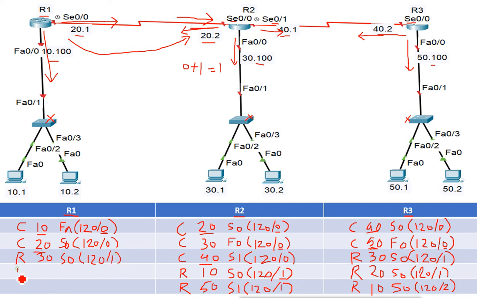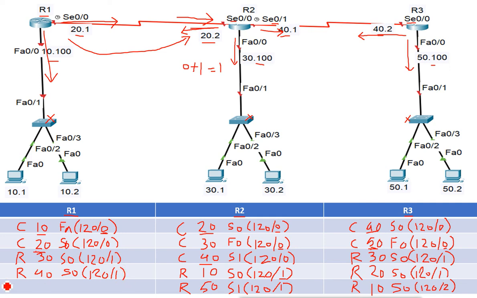Then it is also getting the information about network 40. The information is coming from the serial interface. The AD value is 120 again, and for 40 router 2 is saying 0, so it adds 1 into it and it becomes 1 here.